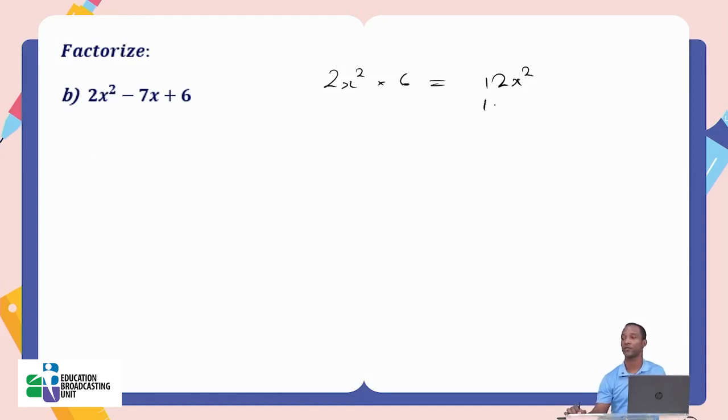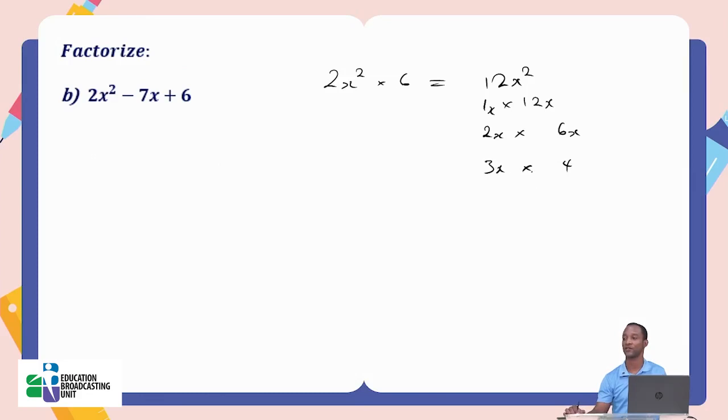Now let's start with 1 times 12. As I said before, we can use 1x times 12x. That will give us 12x squared. Then we have 2 times 6, which will also give us 12. So we can say 2x times 6x, which will give us 12x squared. Let's try 3. 3 times 4 gives us 12.